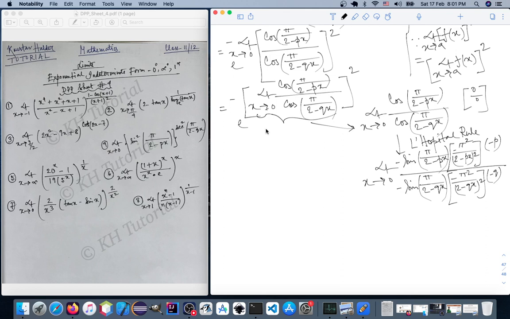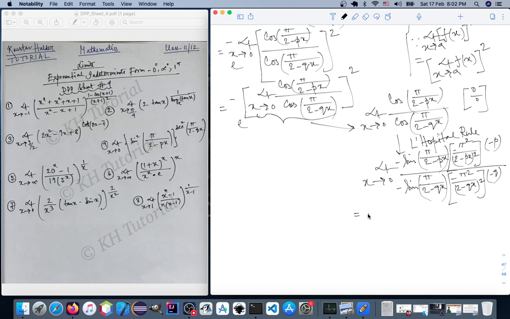Now if we substitute x as 0, sine of pi by 2 minus px becomes sine of pi by 2, which is 1. Also, sine of pi by 2 minus qx at x equals 0 becomes sine of pi by 2, which is 1.